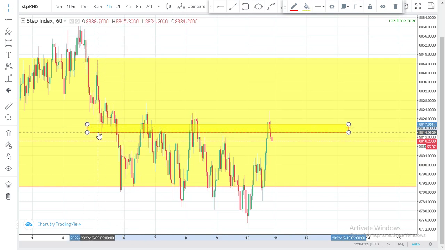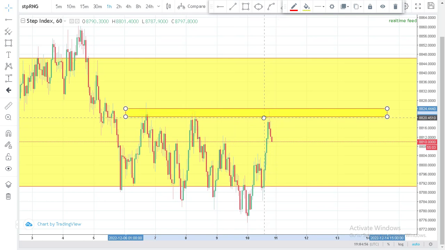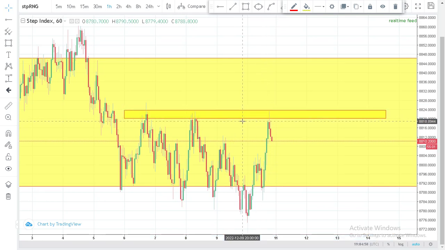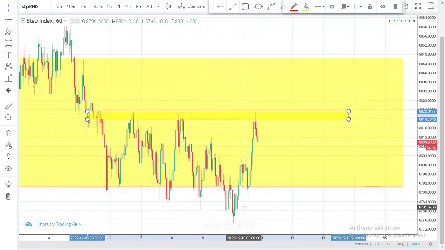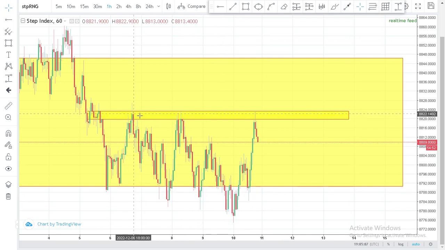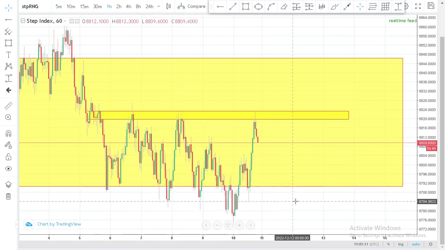As you can see, we have that resistance, or I can just move it up here. If I move it up here, we get this pattern that I was telling you about, a triple top. We have the first touch, second touch, third touch. Price is now pushing down.